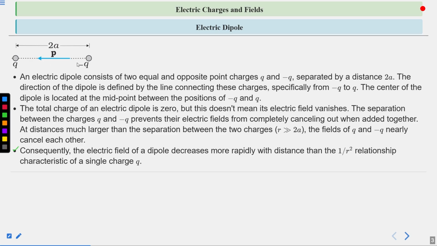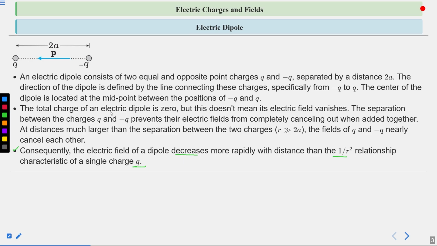Consequently, the electric field of a dipole decreases more rapidly with distance than the 1 upon r square relationship characteristic of a single charge. It means what?